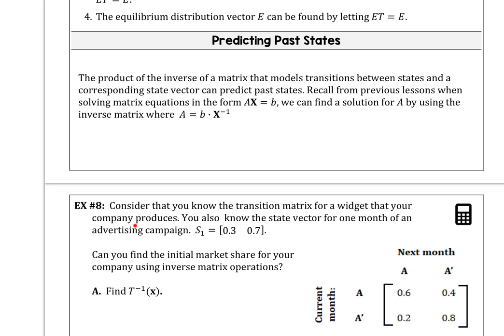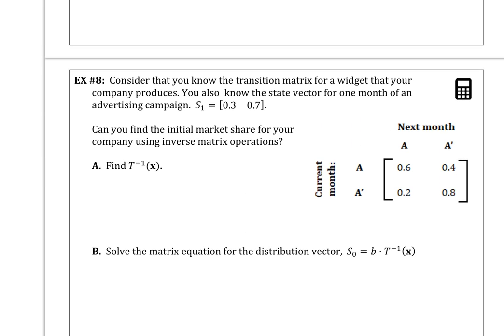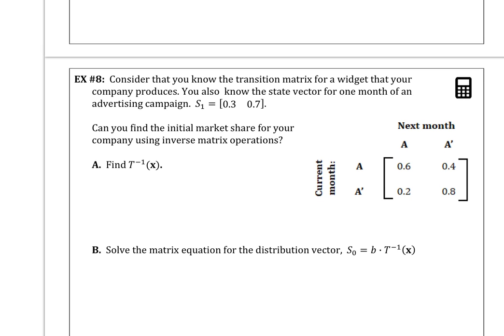So we can consider that you know the transition matrix for a widget that your company produces. You also know the state vector for 1 month of an advertising campaign. That state vector at 1 month is given as 30% and 70%. We want to know, can you find the initial market share for your company using inverse matrix operations? So that's what we just read in the notes above.